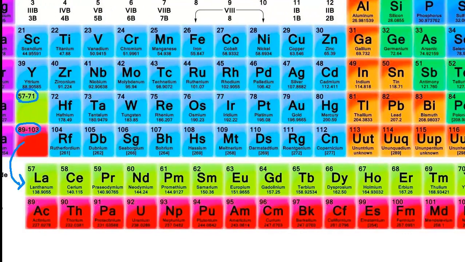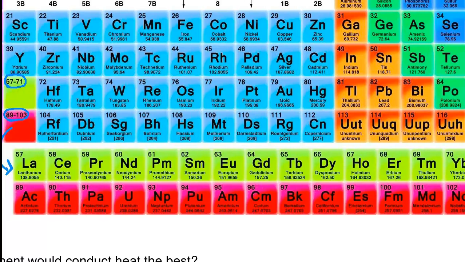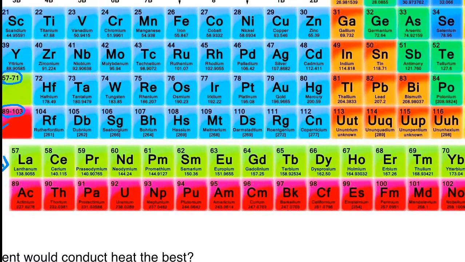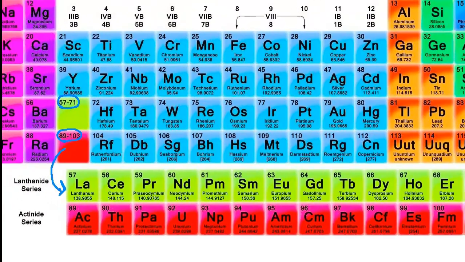If you remember your shells, you've got S, P, D, and F, which we will talk about during this video. But if you take a look down here, in the F shell, the top one is the lanthanide series, and the bottom one that's in red here is the actinium series, or the actinide series. And those are metals as well. Again, a little less common, but there are important metals in there.